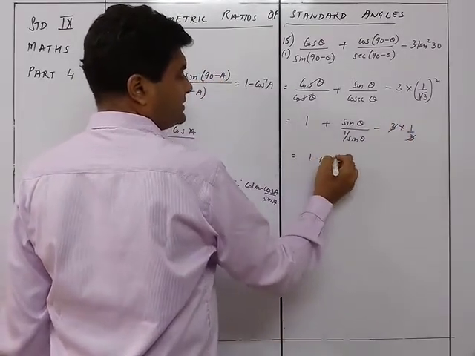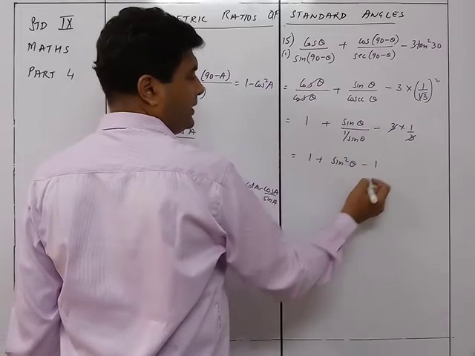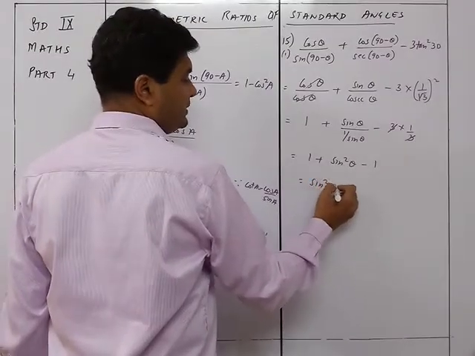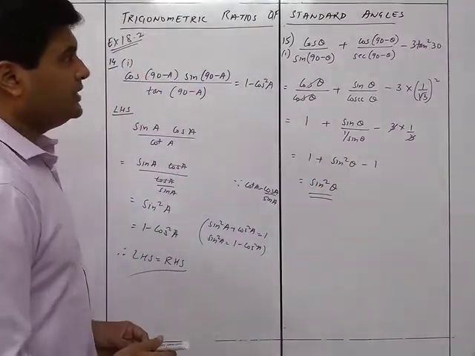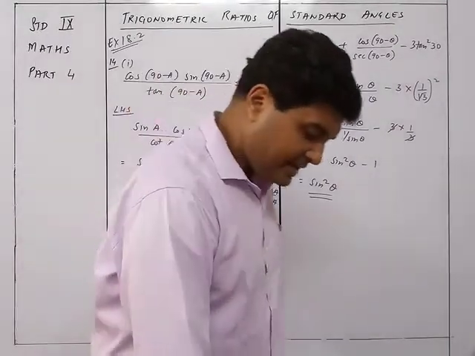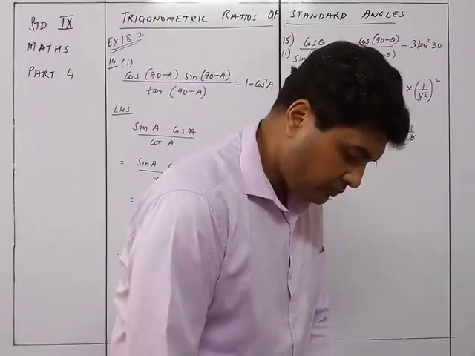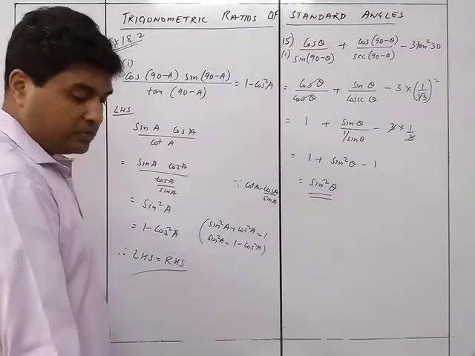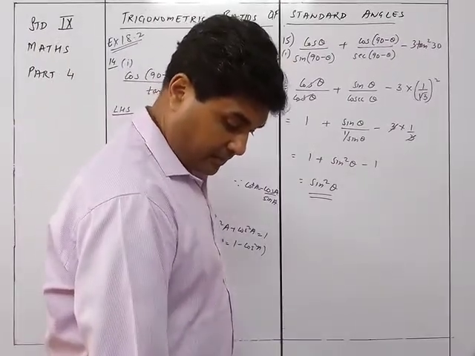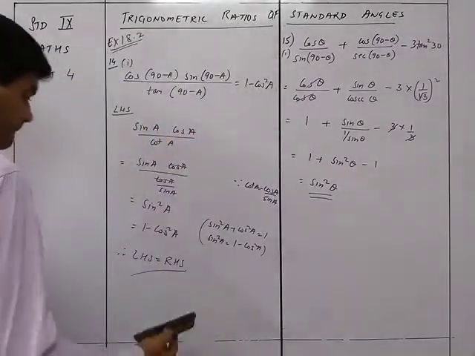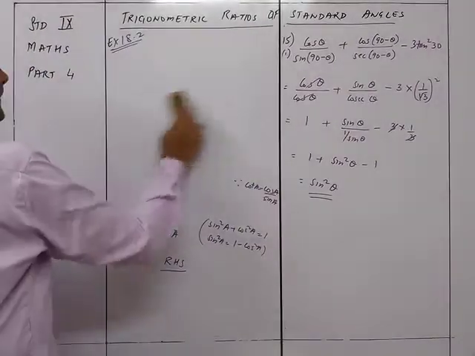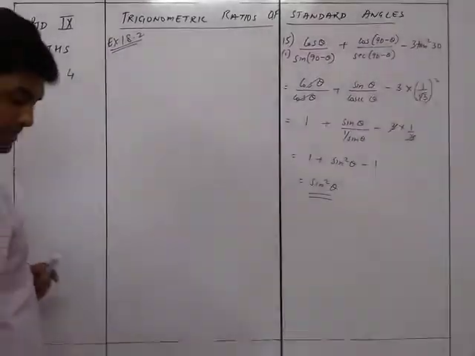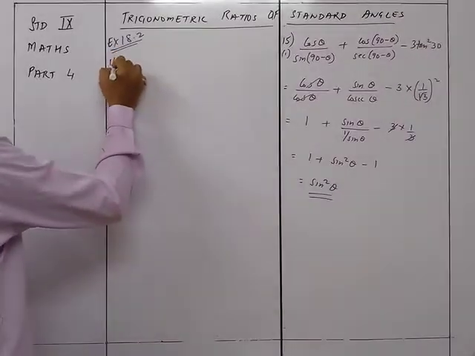So this is 1 plus sine square theta minus 1, plus 1 cancels. So equal to sine square theta. So the answer to this will be sine square theta. Correct answer. We now move on to sum number 16.